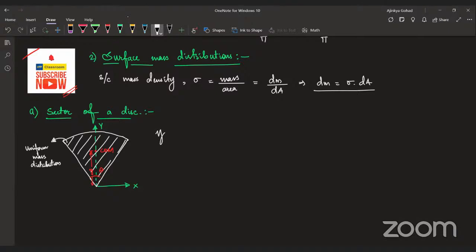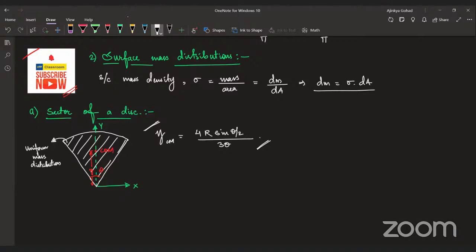So the y coordinate of the center of mass for a sector of a disk can be written as 4r sine theta by 2 by 3 theta.